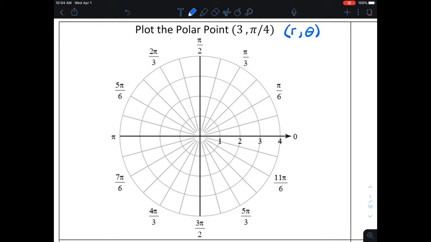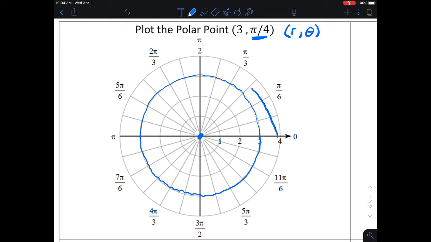I want to plot the polar point 3 by pi over 4. The fact that the radius is 3 means that I'm going to be somewhere on the circle that has a radius of 3. And the angle measure, pi over 4, means that I need to rotate pi over 4 on this circle.